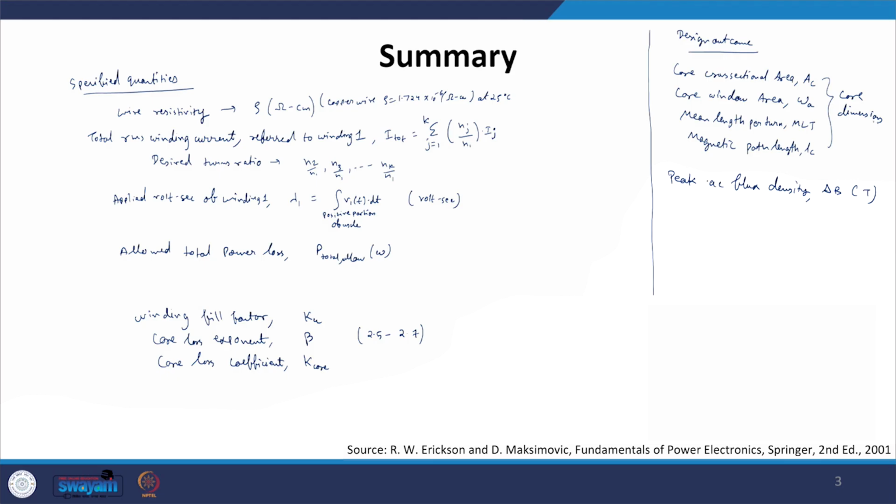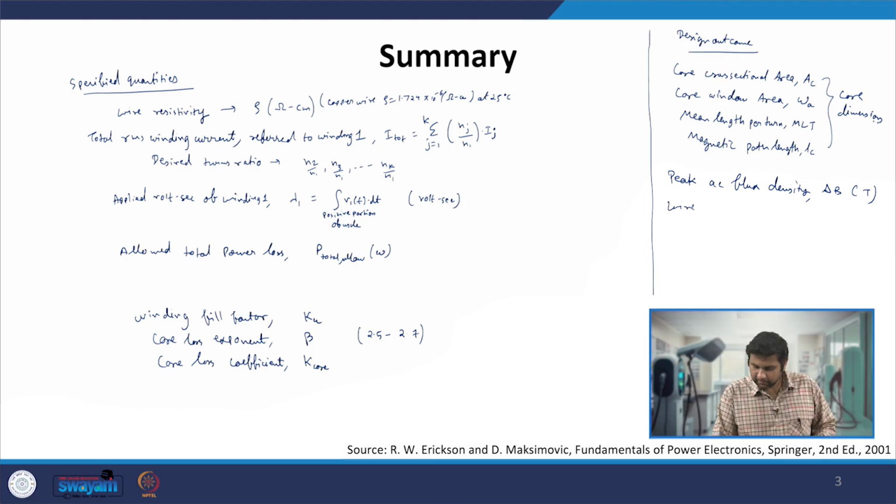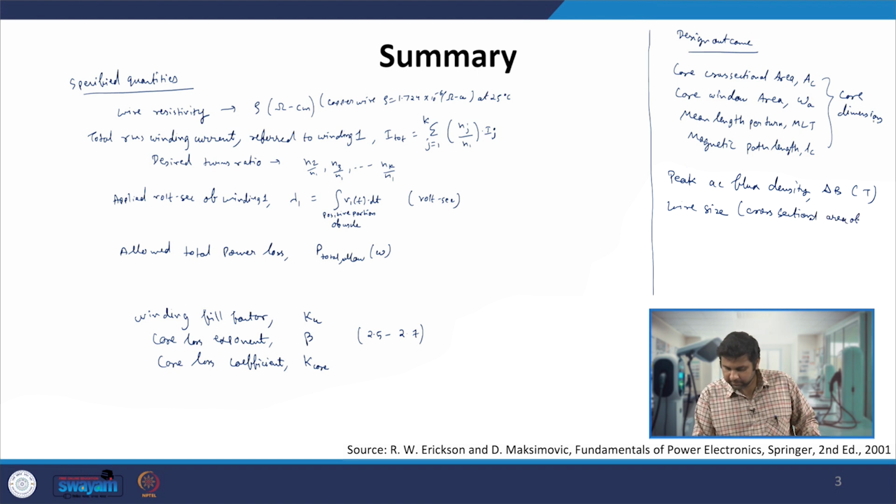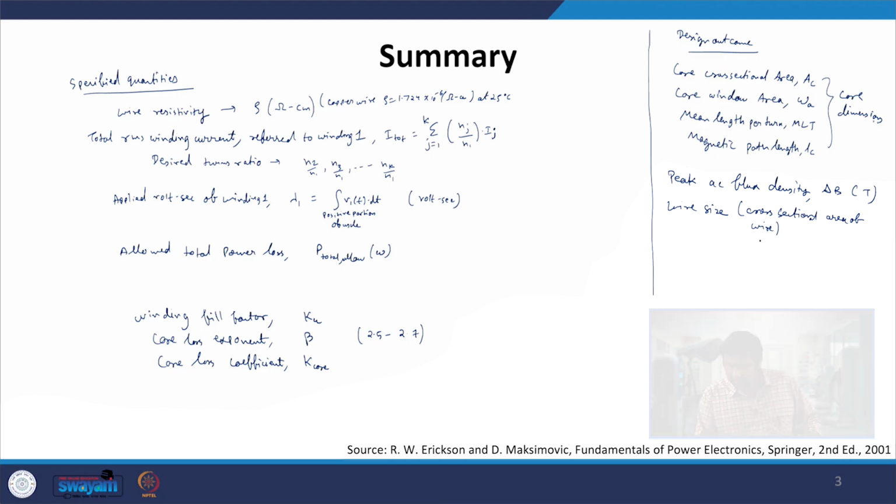After this we can define our wire size. Obviously, here we are talking about the cross sectional area of wire, which also has to be defined, because we will calculate the number of turns and we will know the mean length per turn, but we still do not know the actual size of the wire.